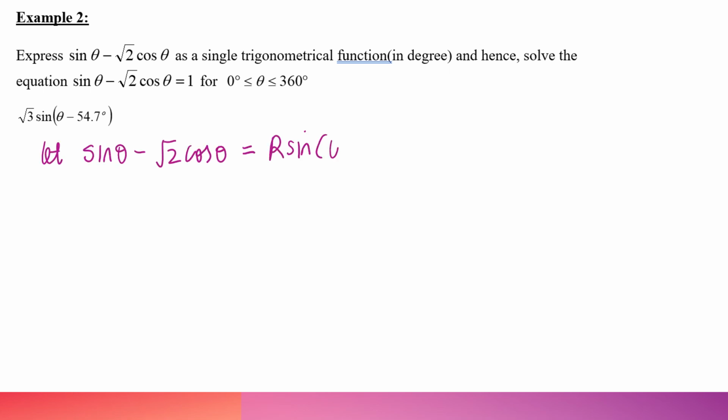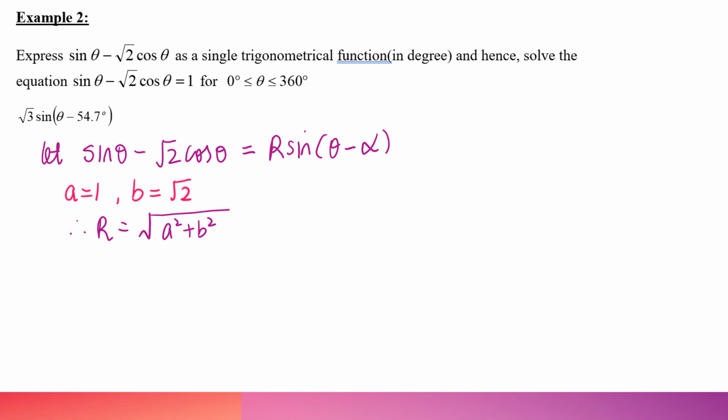All right, let's do another example. So if you're given sine theta minus square root 2 cosine theta, you're asked to express as a single trigonometrical function, meaning you're asked to express it in the form R sine bracket theta minus alpha. This is what it means, right?